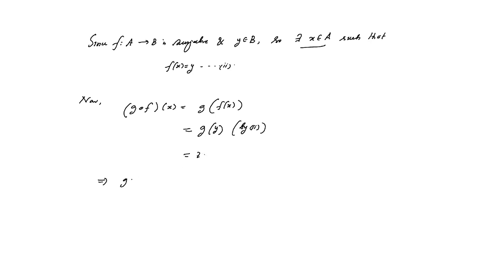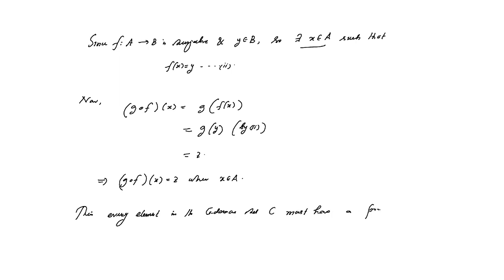Thus, g composed f of x equals z, where x belongs to A. So z has a pre-image x in A. Thus every element in the codomain set C must have a pre-image in the domain set A, because z belonging to C is arbitrary, under the map g composed f.